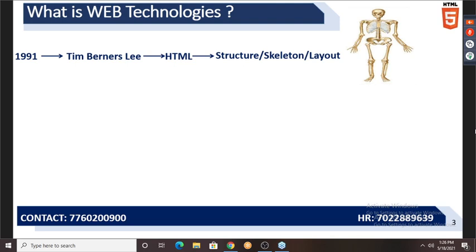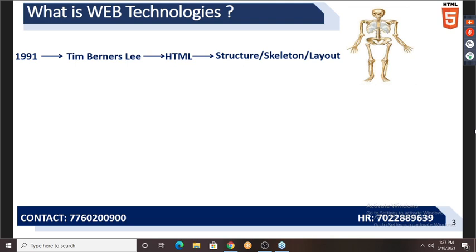And the next company name, Tata Elxsi. 60% throughout, 2019-20, BE, BTech, MSc, MCA, any stream.